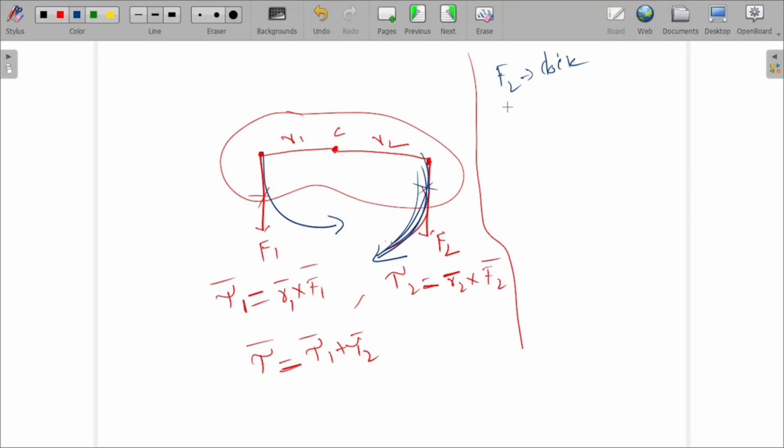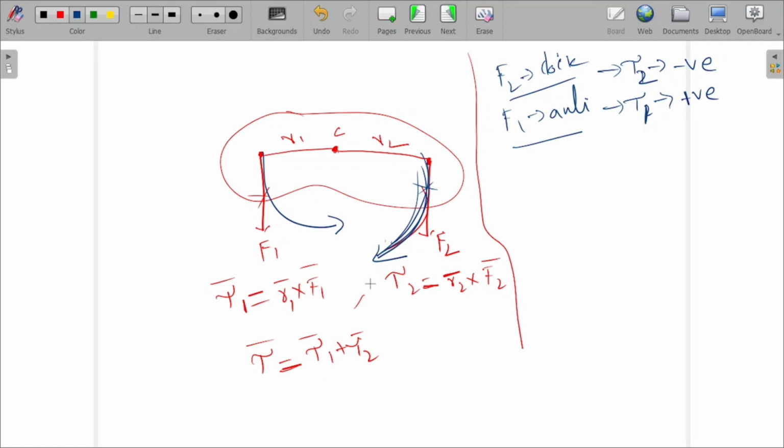Then what about F1? F1 is acting anti-clockwise. When it is clockwise, the torque will be taken as negative. When it is anti-clockwise, the torque will be taken as positive. Okay, clockwise direction torque is negative, anti-clockwise direction is positive.